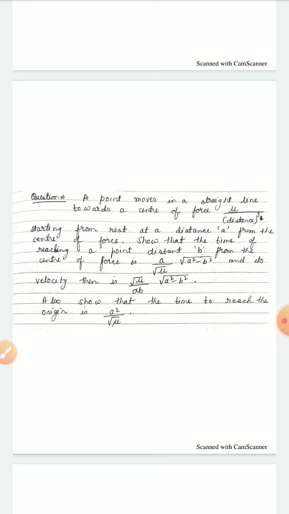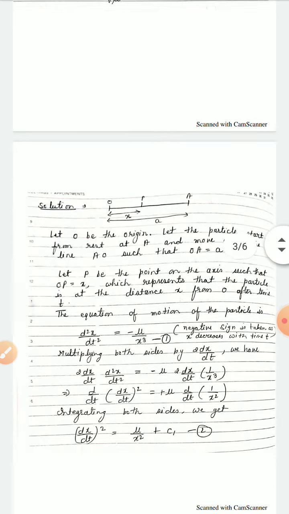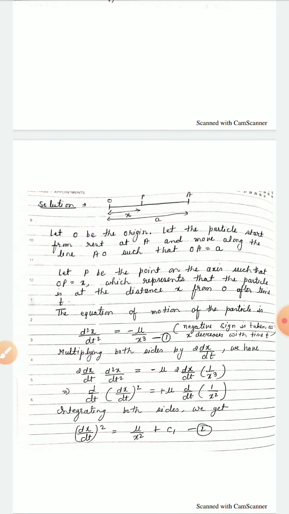So here the center of force is given as mu by distance cube. Let O be the origin and let the particle start from rest at A and move along the line AO such that OA is equal to a.